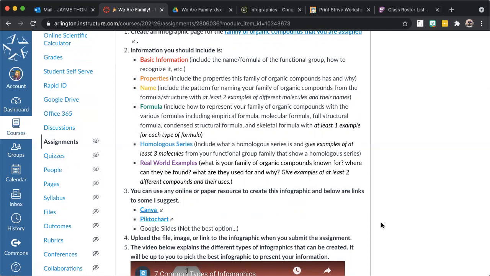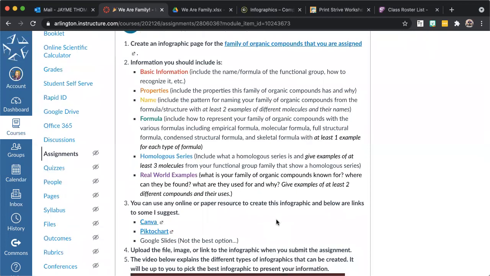Just keep in mind, this is an infographic. It's like you're making a digital poster. It's just one page. So if you do use Google Slides, it cannot be multiple slides. It's not a presentation. It's just a digital poster with all this information on one page or one slide.